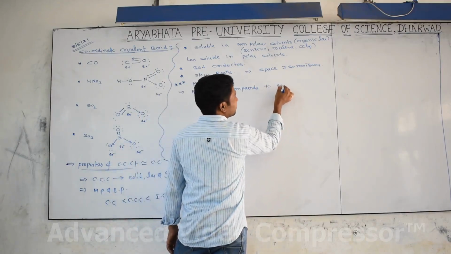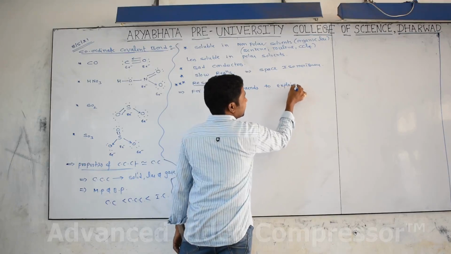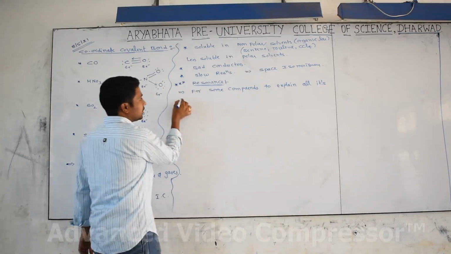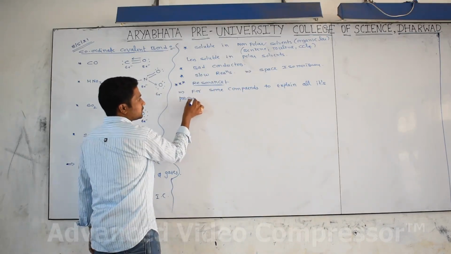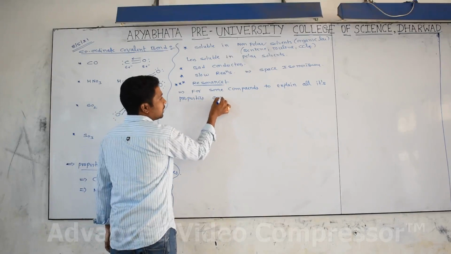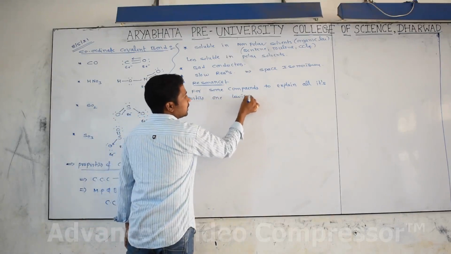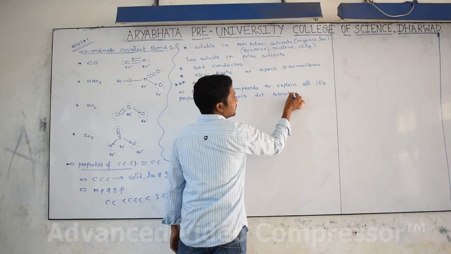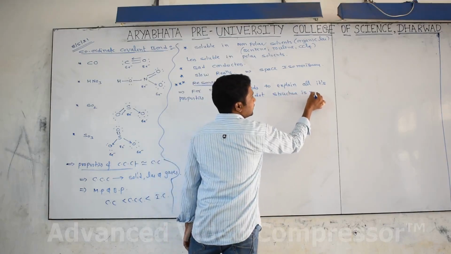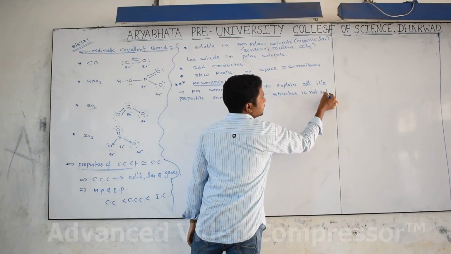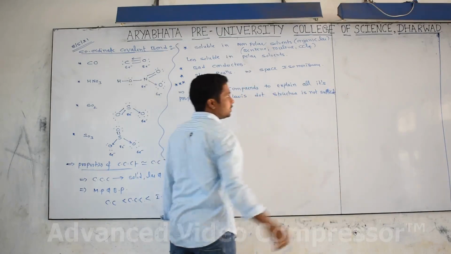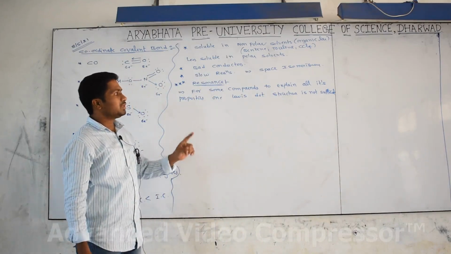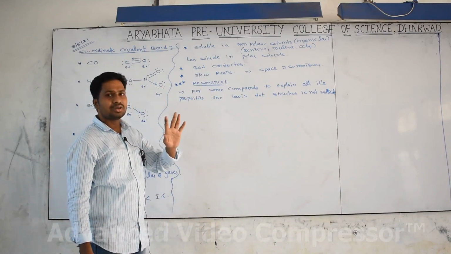For some compounds, to explain all their properties, one Lewis dot structure is not sufficient. What I am telling is, in the case of some special compounds, to explain all its properties, one Lewis dot structure is not sufficient.